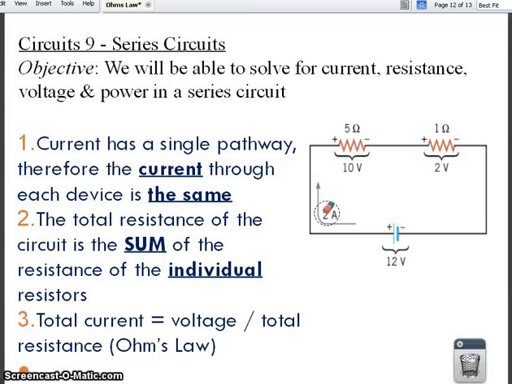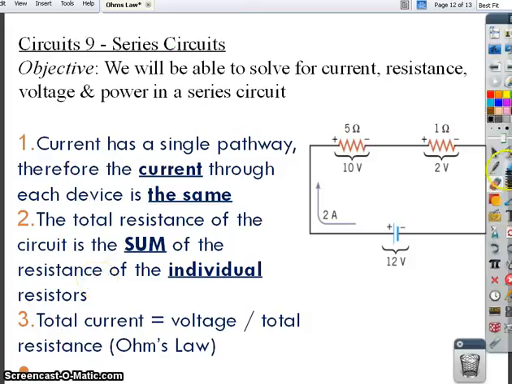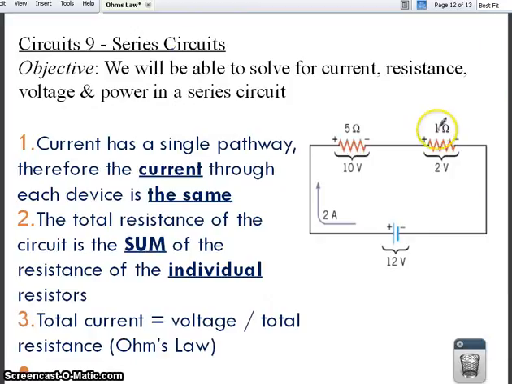Okay? Next, the total resistance of the circuit is the sum of the resistance of the individual resistors. So I have 2 resistors in this example. I have a 5 ohm resistor and a 1 ohm resistor. So if I want to find the total resistance, or sometimes we call it the equivalent resistance, equivalent or total resistance, could be one or the other, okay?